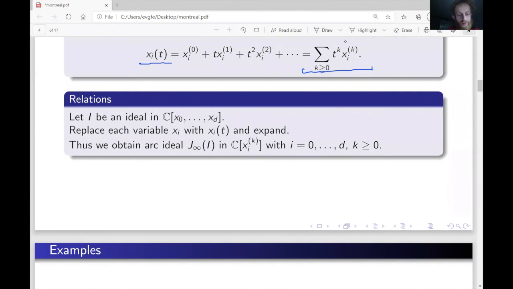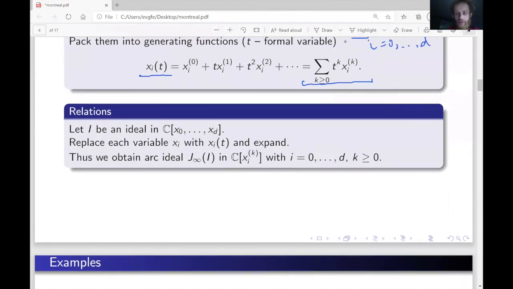We have some polynomial p in our variables x0 up to xd. And then we introduce a new polynomial. Instead of taking just a variable, we put x0(t), up to xd(t).